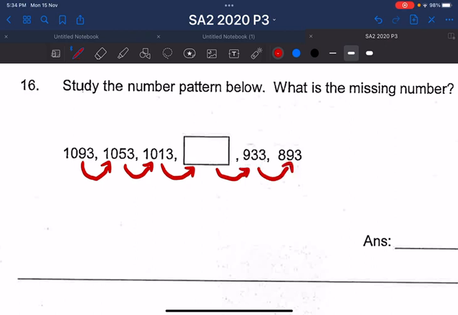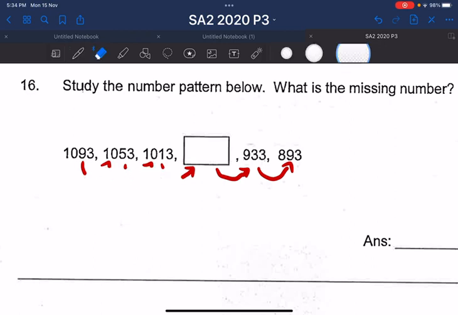So we do the same for this. The only thing now is we will need to find out exactly how much has changed from the first number to the second number. From here you can tell the second number becomes smaller. So it's a subtraction, right? So what we're going to do is subtract.